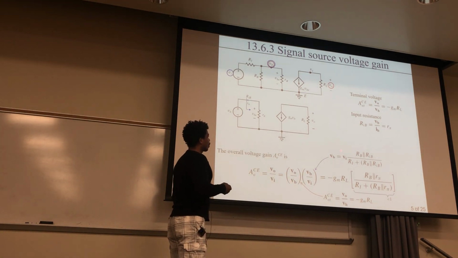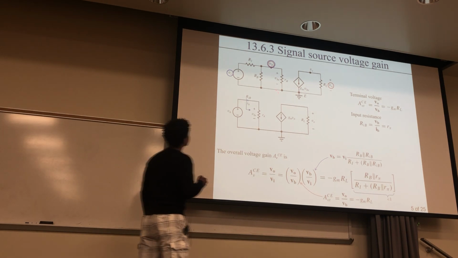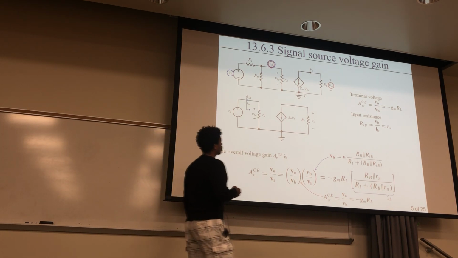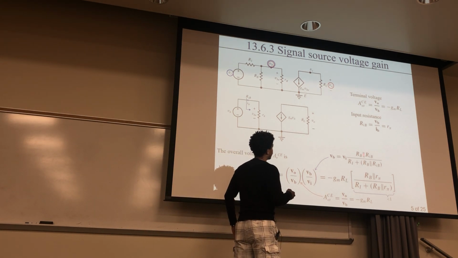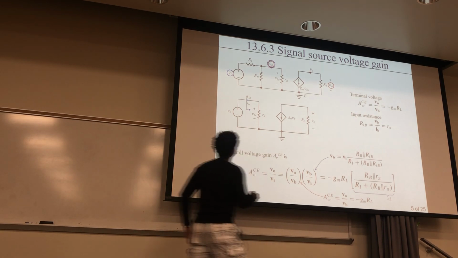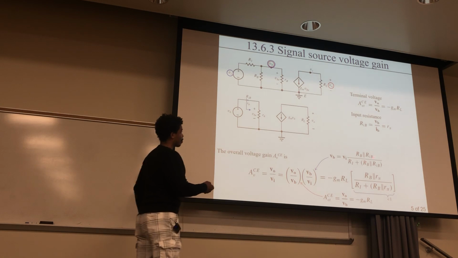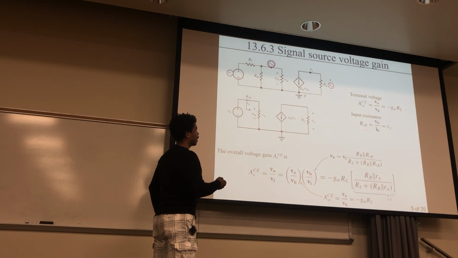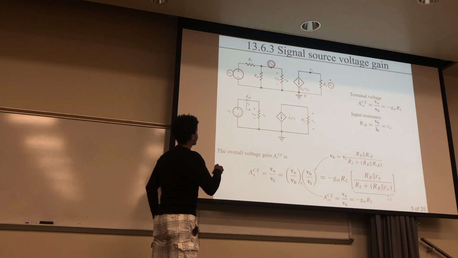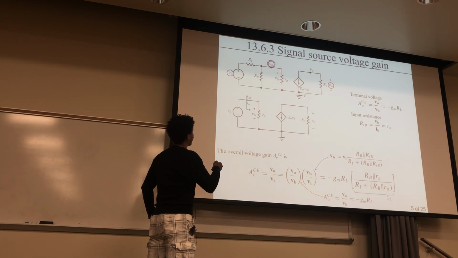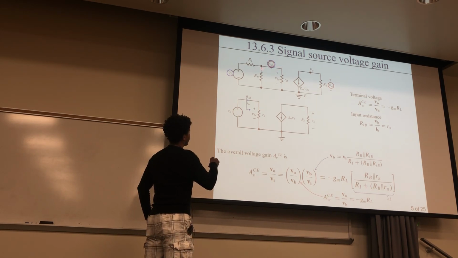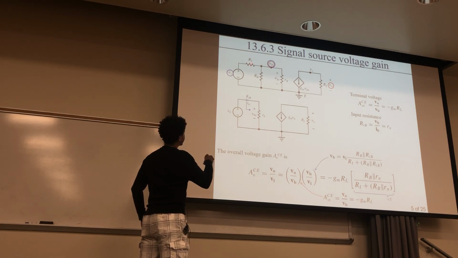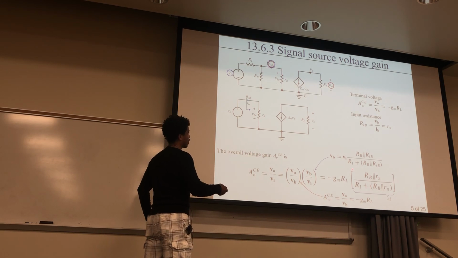For this right here, well, VB right here, if you do voltage division, it is this resistance right here over the sum. So you could think of it like this. Now remember, we said that RIB is really equal to R pi. So this voltage at this branch right here is these two in parallel, which is right here, over this in series with these two in parallel, right there.